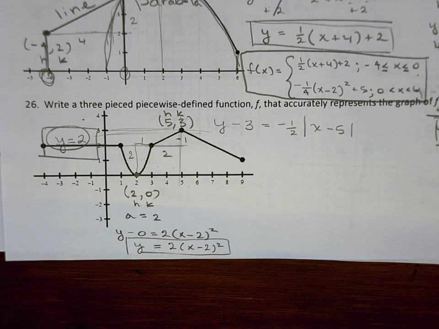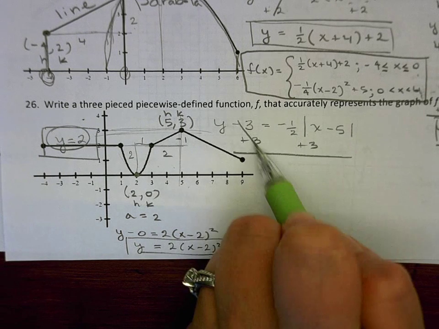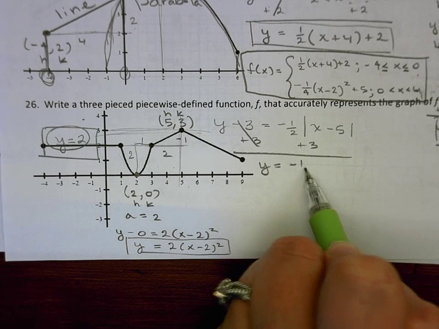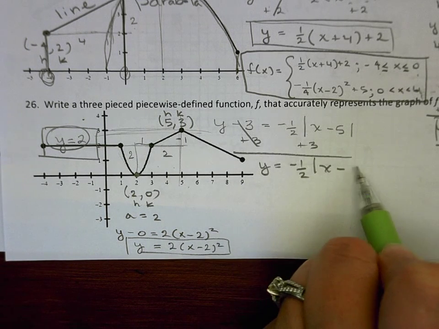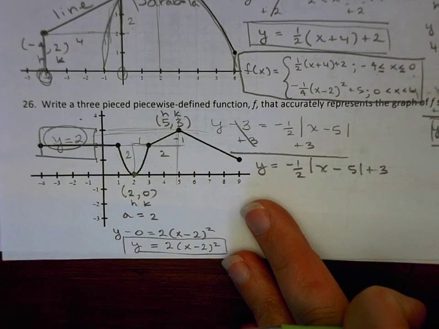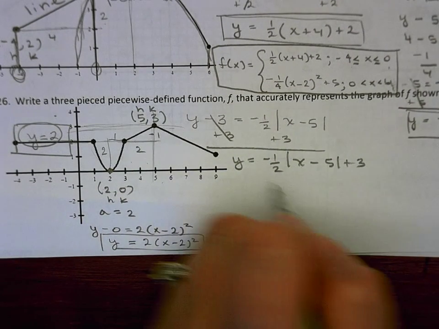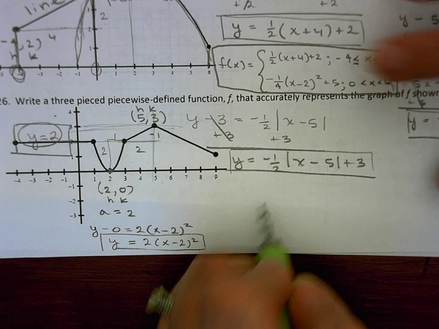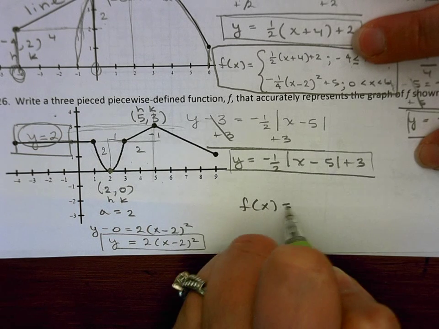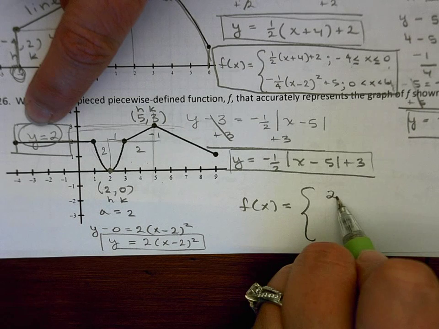And then I need to add the 3, add the 3. All right, so I've got 3 equations, and now I need to write these out into the f of x piecewise function form. So here's my 3. I have f of x. I'm going to go left to right. So y equals 2, then my parabola.